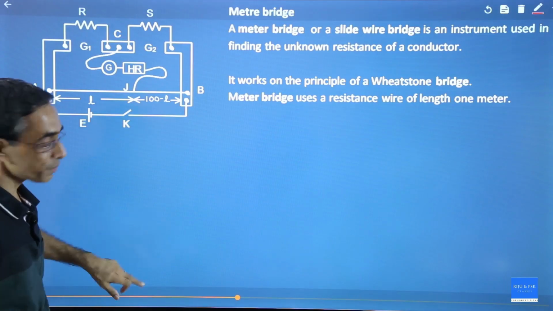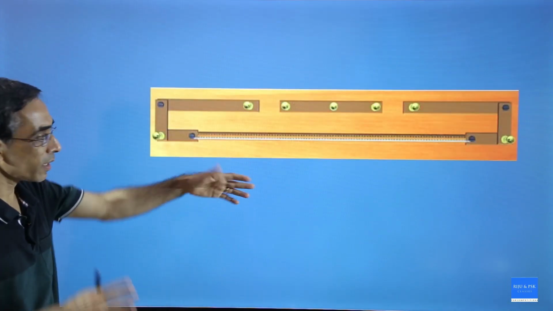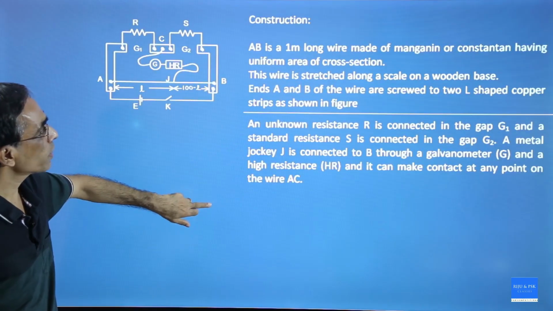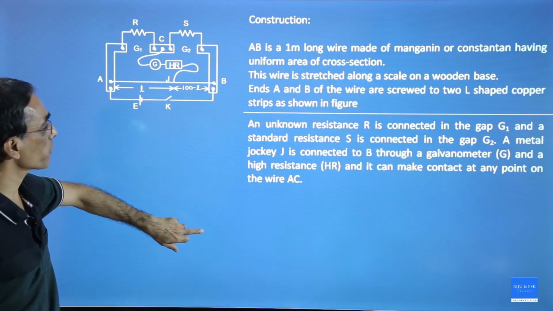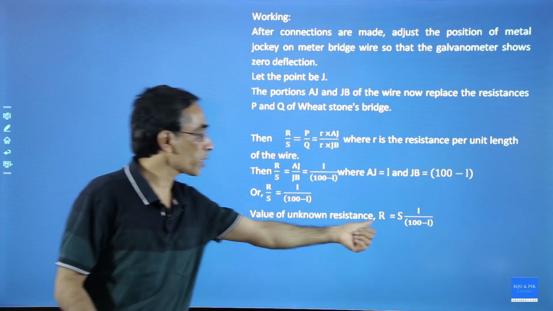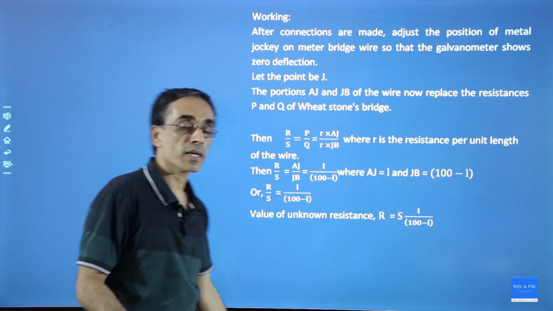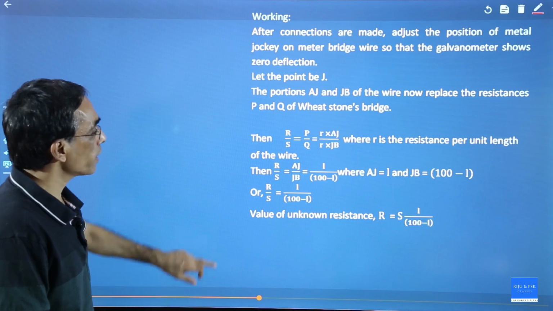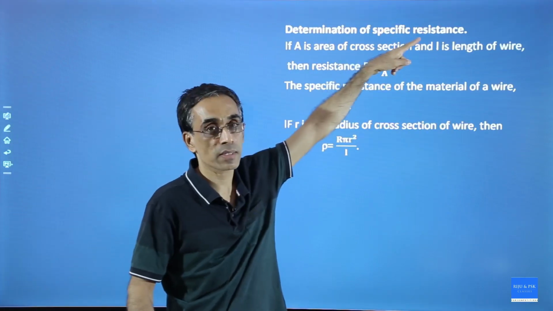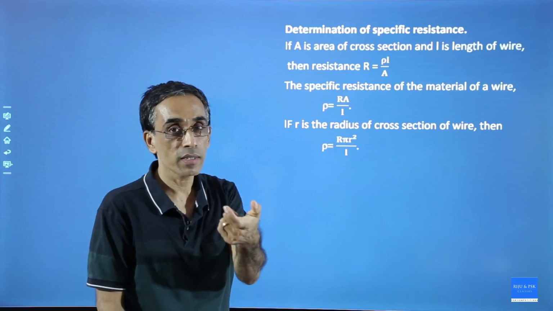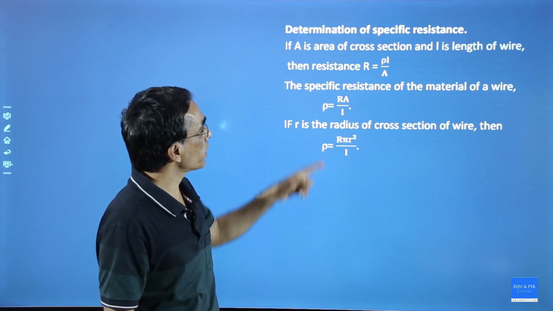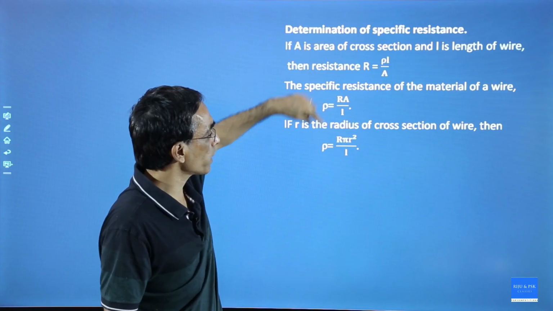Fine. Now, this is the practical thing, and I told you the construction, the 1 meter long wire, everything. I said the balancing length, then we derived the condition that the unknown resistance is S into L by 100 minus L. Using meter bridge you can determine specific resistance, because you are given a wire, you measure the length of the wire and area of cross section, then you can use meter bridge to find the resistance.